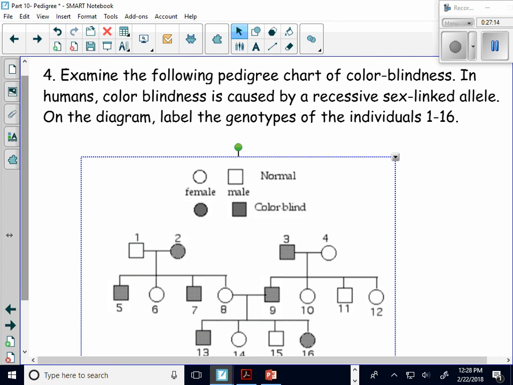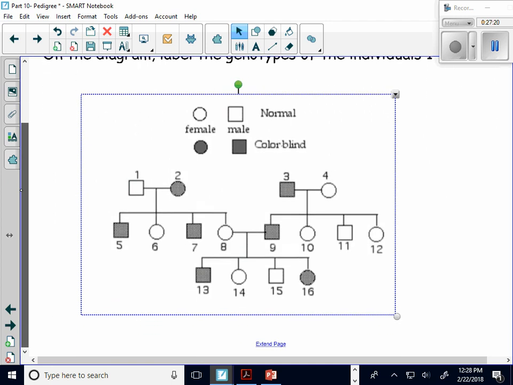On the diagram, label the genotypes of individuals 1 through 16. Okay? So what I want you to do is go through, I'll give you a little bit of time to do this. You go through and work them, and then I'm going to fill them in. Okay? You go through and work it, and then we'll check it. I'll fill them in.